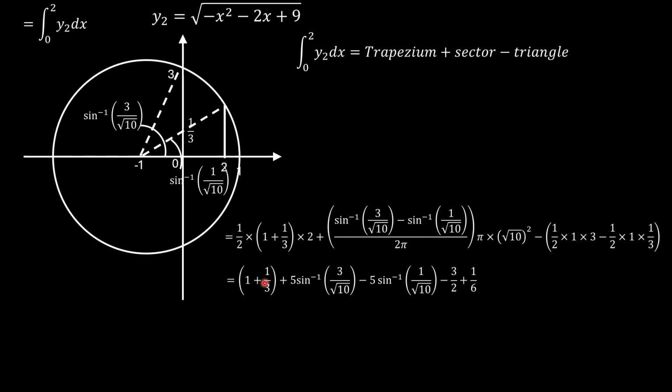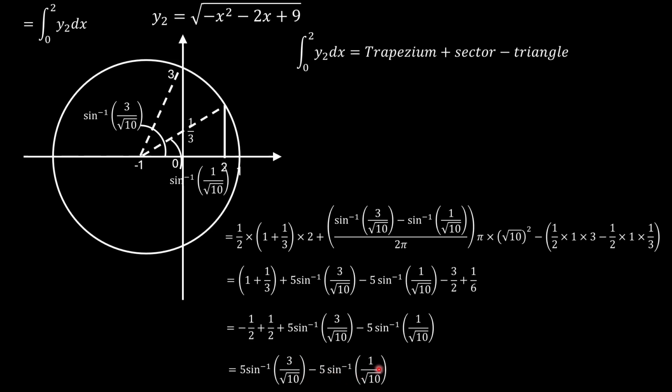A 6 plus a third is a half, so a half minus 1 over 1 and a half becomes negative 1, and this 1 becomes 0. So our answer really is 5 arcsine of 3 over root 10 minus 5 arcsine of 1 over root 10. And that is the area of the second circle.